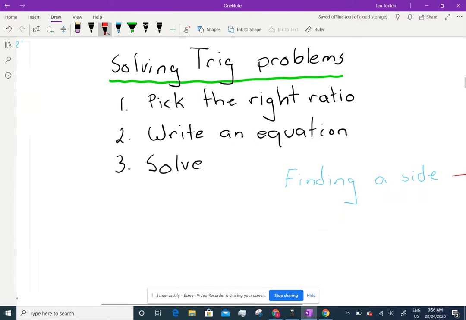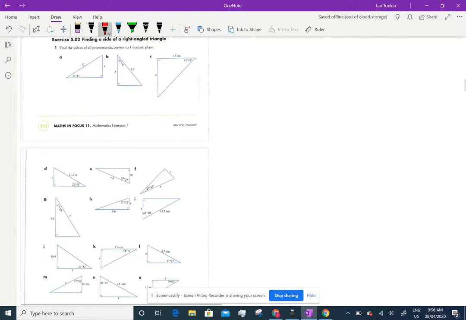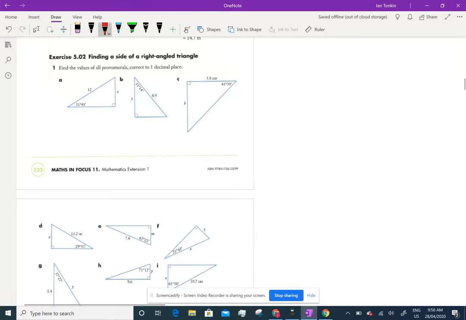So let's have a go at one. We'll find one down here. So first, this is 1A. The first thing I'm going to do is pick the right ratio. Well, I've got this angle, I've got this side that I've got to find, and this side.